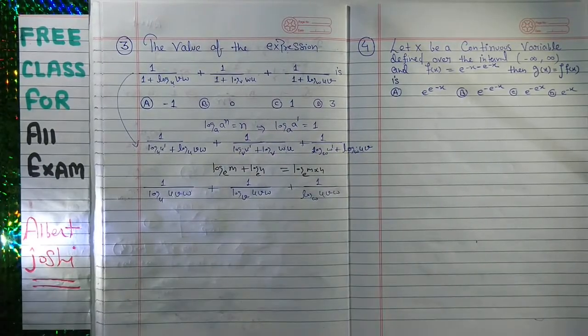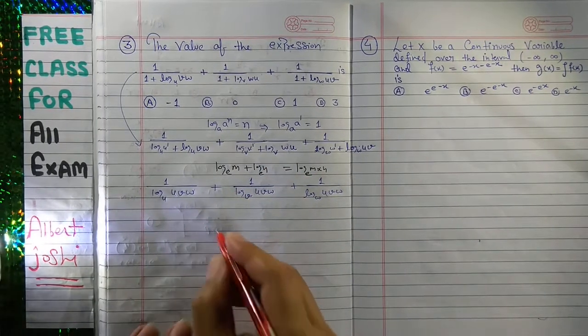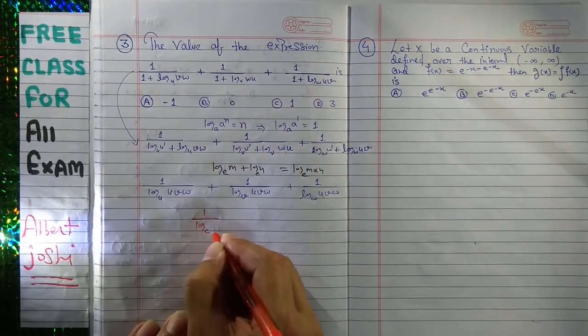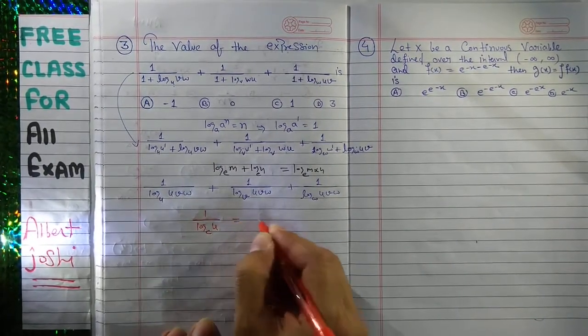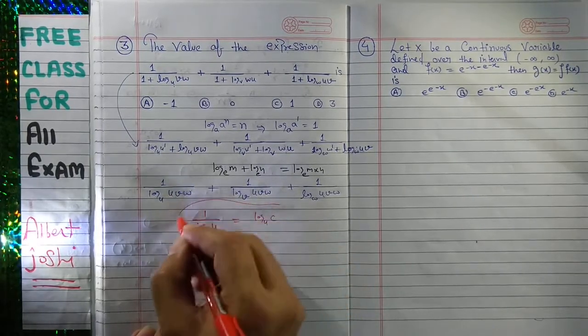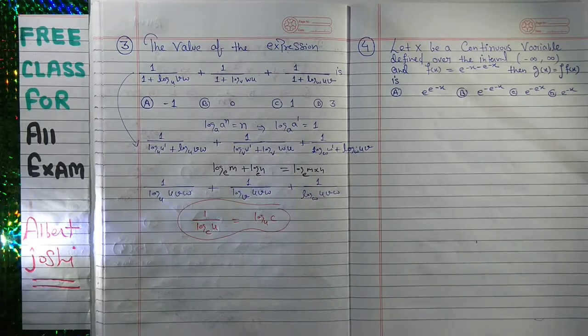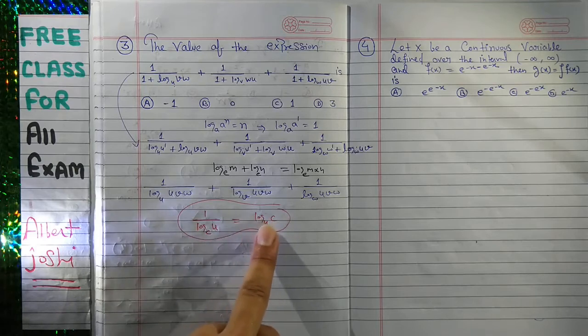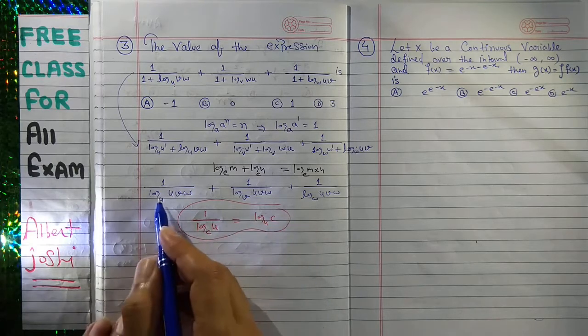Now we have discussed just before that 1 upon log c base u is equal to log u base c. We have given you this formula, so we will use it here.